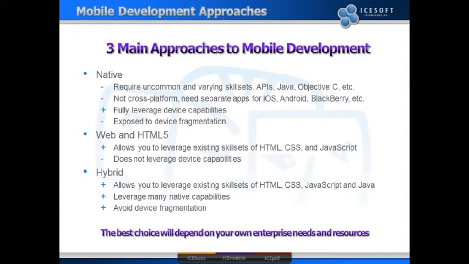A simple mobile web app might need nothing more than some HTML5 and JavaScript, and the most demanding performance-sensitive apps might require nothing less than a native platform. It's all going to depend on exactly what you need, and I think a lot of people are going to fall somewhere in the middle between the pure web and the native requirements, and that's where the hybrid approach's sweet spot is.